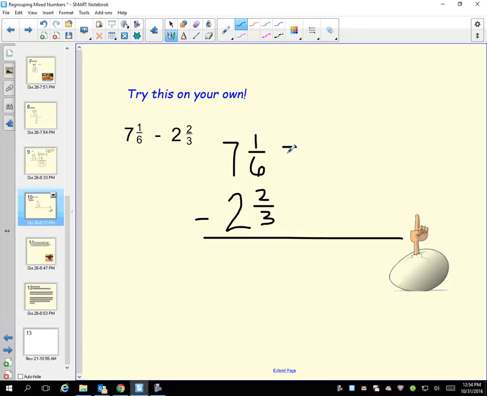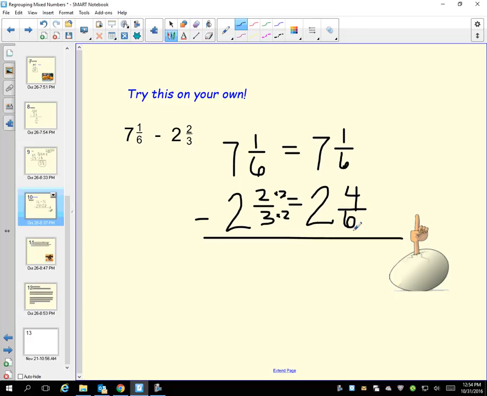I know my least common denominator of 3 and 6 is 6, so I'm going to use 6. Make sure you're writing this down in your journal. 1/6 is equal to 1/6. 2/3. Well, I know that 3 times 2 is 6, so 2 times 2 is going to be 4.